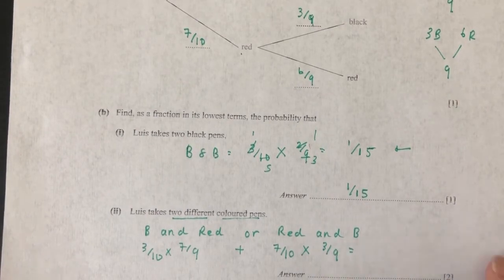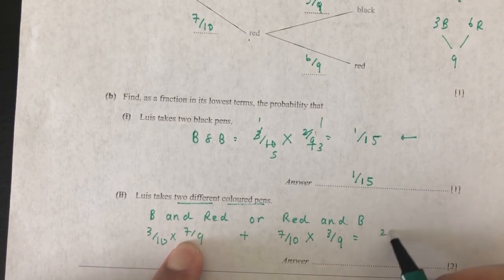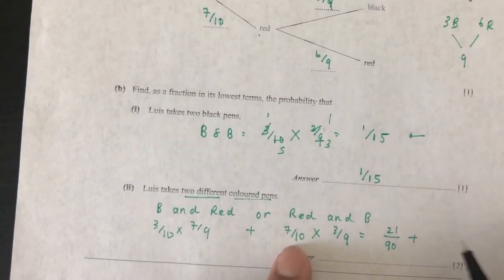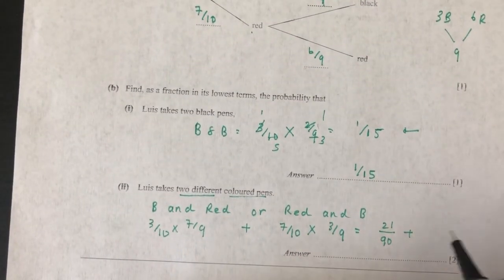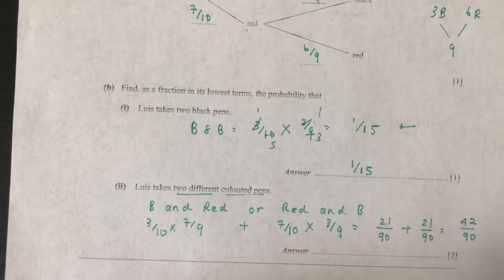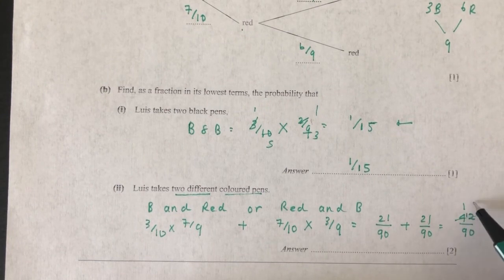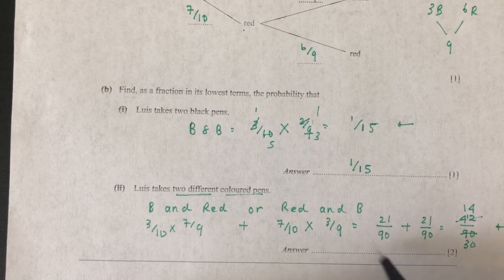Equal to what? 3 times 7 will be 21 over 10 times 9 is 90, plus 7 times 3 will be 21 over 90 as well. So your answer will be 42 divided by 90. So we have to simplify. Divide by 3. We have 14 over 30. And that is your answer for this question.